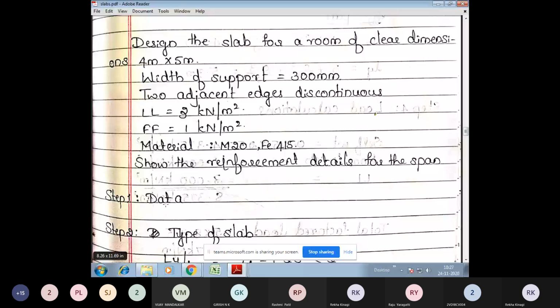And next thing is to check whether it is to be designed as a one-way slab or two-way slab. So can you tell me how we can decide whether it is one-way slab or two-way slab? Ly by Lx ratio, ma'am. Ly by Lx ratio means always the ratio of larger span to shorter span, 5 meter by 4 meter.